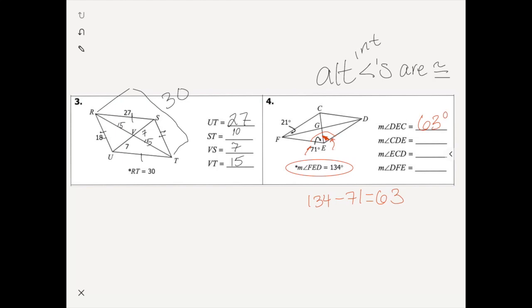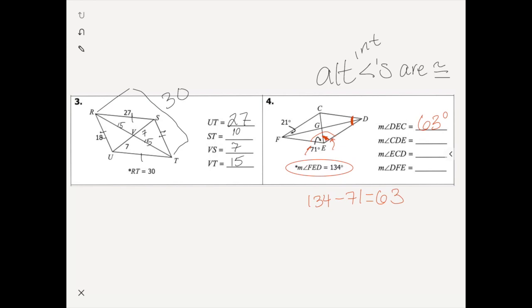The measure of CDE, that is right here, the measure of this angle. So CDE is this whole angle. And I know it's hard to look at, but you can see that this is still a parallelogram.